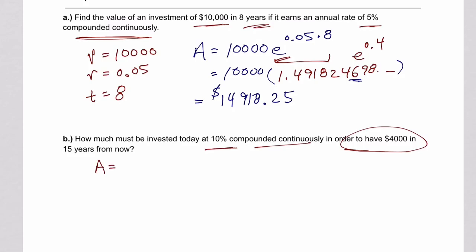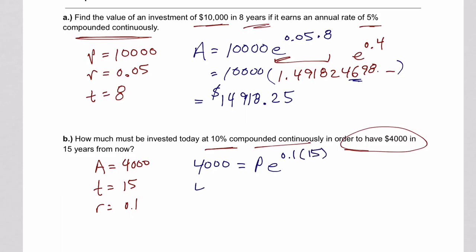So 4,000 is the future amount, time is 15 years, and the interest rate is 0.1, 10%. So my formula gives me 4,000 equals some unknown amount times e to the 0.1 times 15. So we could simplify this a little bit. 0.1 times 15 becomes 1.5.